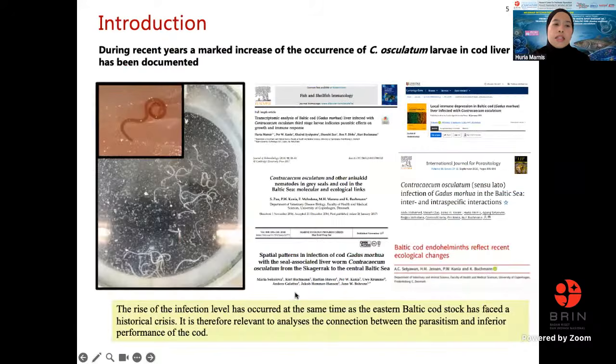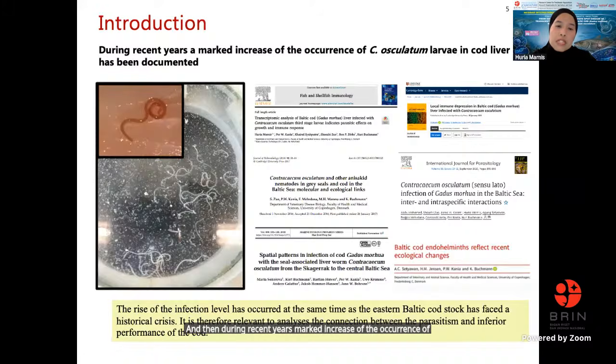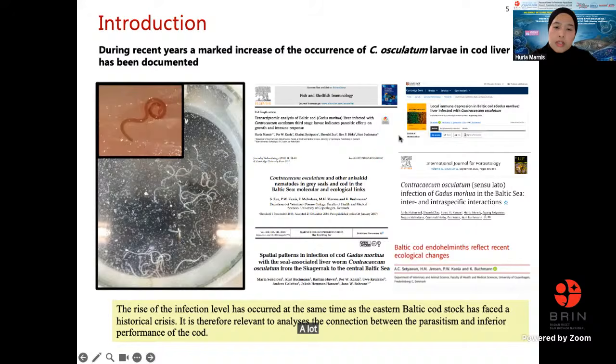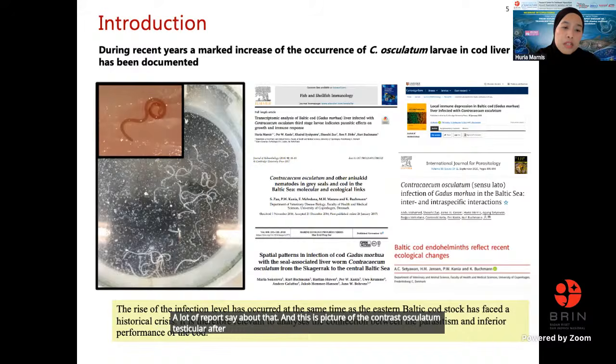During recent years, a marked increase in the occurrence of Contracaecum osculatum third-stage larvae in cod liver has been documented. A lot of reports say about that. And this is a picture of the Contracaecum osculatum third-stage larvae after we collected them from the cod liver.